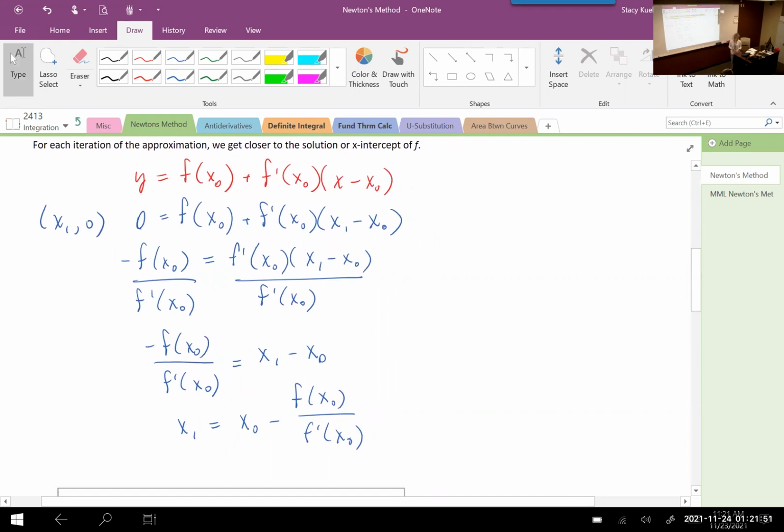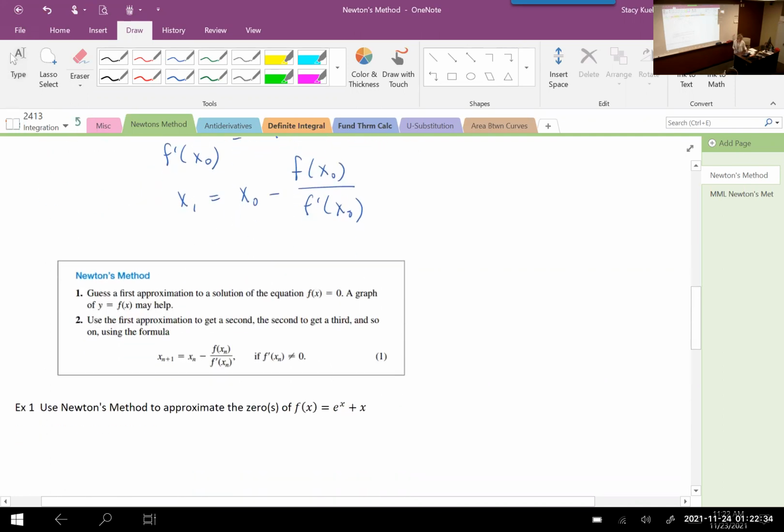If I used this same form of a function up here, and instead of the initial guess x0, I use x1, so everywhere there's an x0, I replace it with an x1, and this time I solve for x2, because I'm going to keep getting these guesses. So I'm looking for a second approximation at that point, and nothing changes in this formula. It's a repetitive process, so we don't really need to see it go again.